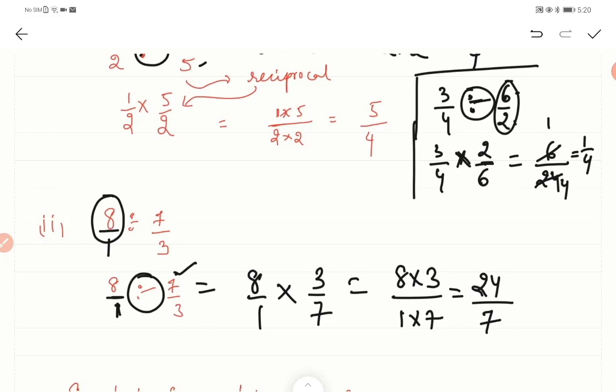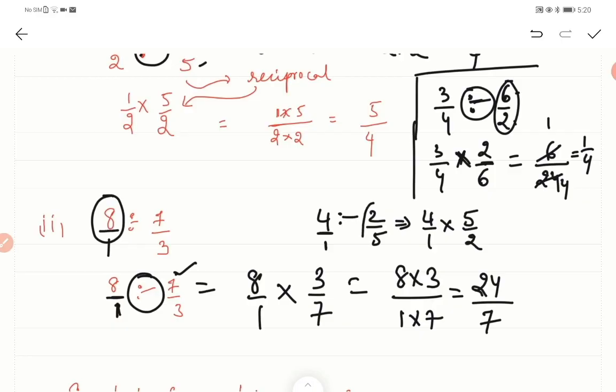Okay, so I'll take one more example. I will take a whole number 4, divided by 2 by 5. So this I can take as 4 by 1. Then this is nothing but 4 by 1 multiplied by 5 by 2.